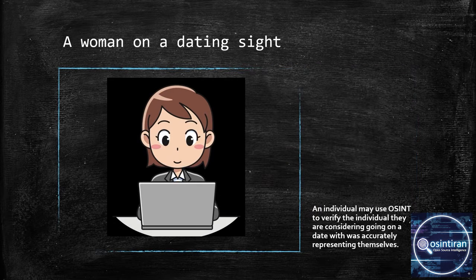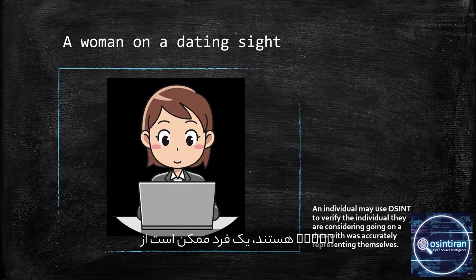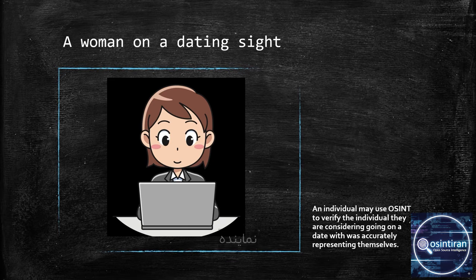In terms of dating sites, if men and women are on a dating site, an individual may use OSINT to verify individuals they're considering going on a date with, and whether that information accurately represents that person. Say a woman goes on a dating site and sees a picture of someone, looks at the photo and thinks, that's a good looking person. She likes the bio, they start chatting, and things sound really great.